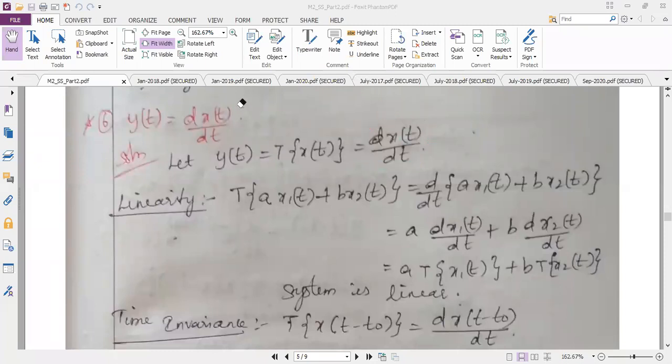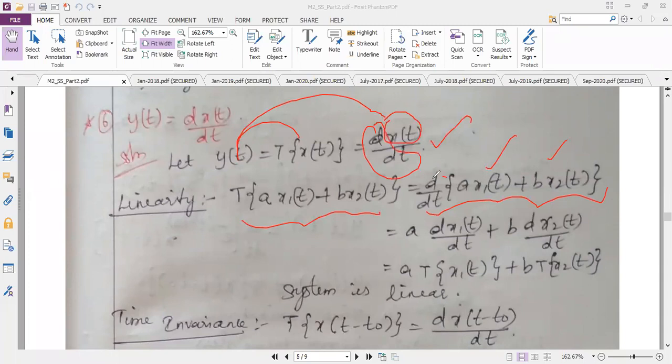Okay. See, y of t is equal to t into x of t, which is equal to d of x of t by dt as per the question. The left hand side you know how to write. The right hand side, I told how to write it. In the question where x of t is there, you have to write a into x1 of t plus b into x2 of t, along with the d by dt differentiation. Once you have done it, you have to expand it.